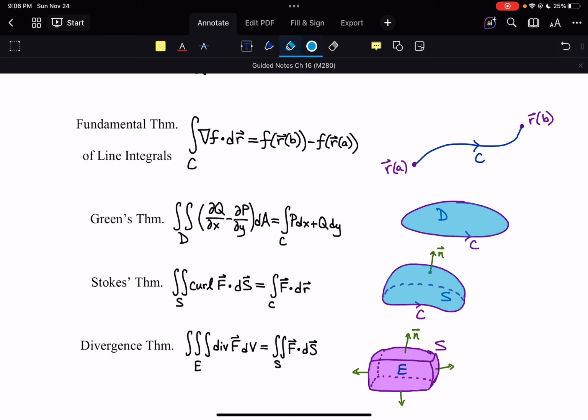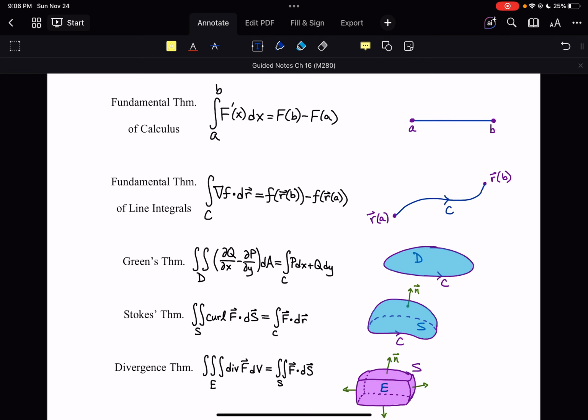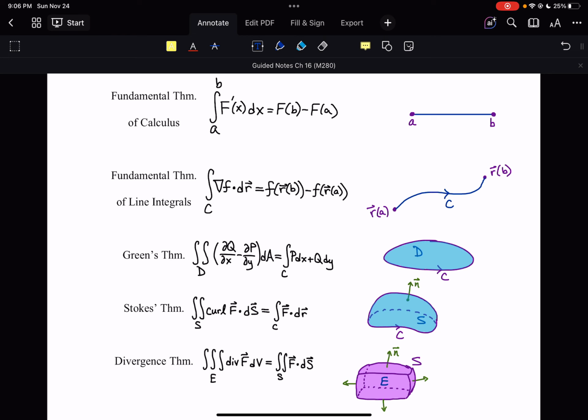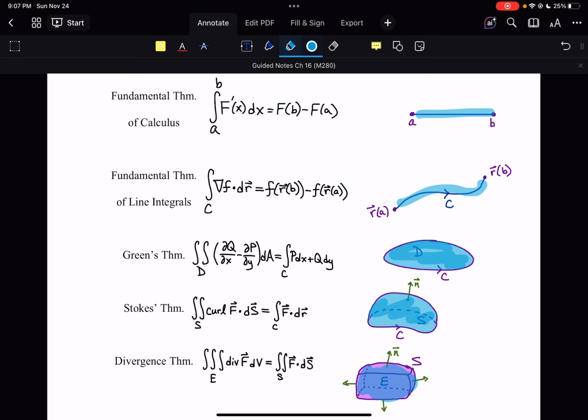So all of these theorems that we have looked at in vector calculus here in this last chapter do all share some kind of core idea, some core relationship: that the evaluation over a region, whether that be an interval, a curve, a 2D region, a 3D surface, or an entire filled-in solid, does have a definitive relationship with the evaluation at the endpoints, or at the edge, or at the boundary of all of them.